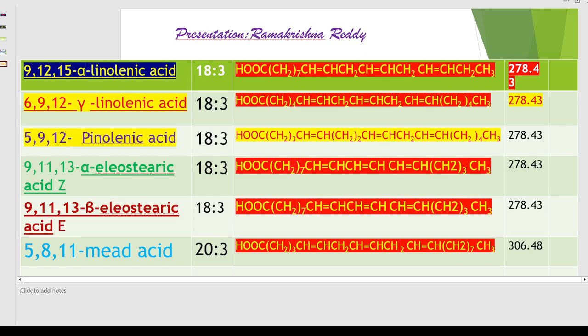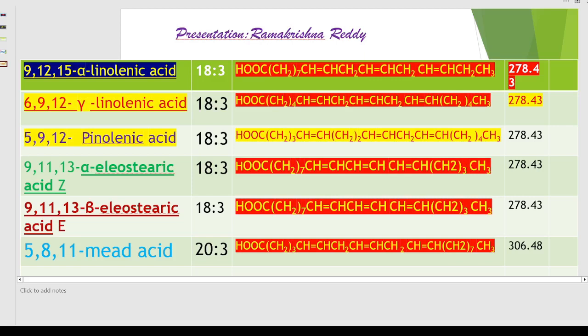Next, another one is again with 18 carbons. It also contains three double bonds. It is known as 9, 11, 13 alpha eleostearic acid. Its configuration is cis. Alpha linolenic acid is also cis configuration, and this eleostearic acid also has cis configuration, but the double bond positions are changed.